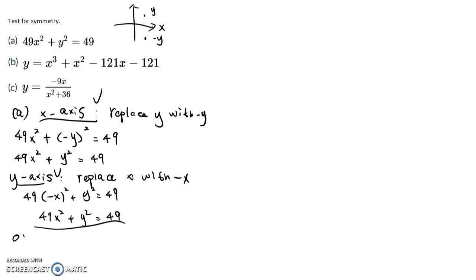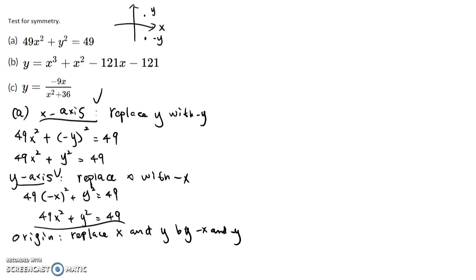So now let's test for origin. So now I need to replace x and y with negative x and negative y, respectively. Okay, so x and y by negative x and negative y.